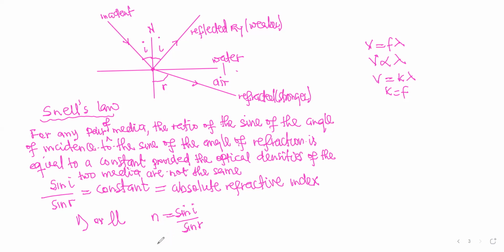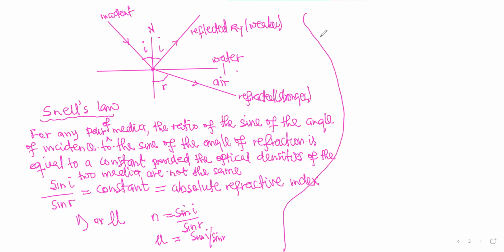We can also use mu, which is sine i over sine r. So the choice is yours in using the symbol. Now the other thing we must understand is what we mean by the absolute refractive index of a material. Class, absolute refractive index of a material is the real or the actual refractive index.